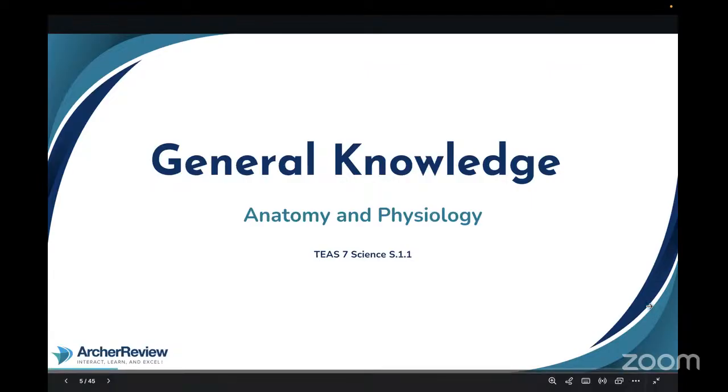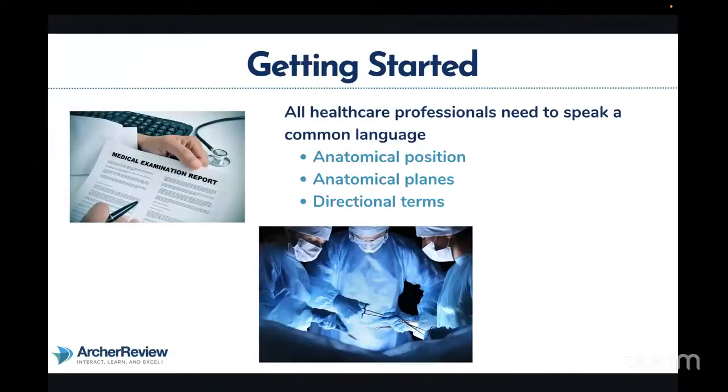Let's start with general knowledge first. This is going to be the need for all healthcare professionals to speak this common language. So basic general knowledge in anatomy is going to include understanding anatomical position, anatomical planes, and all directional terms. And again, this is for all professionals to have that common language, whether it's in the OR and you guys are working on a patient and there's people all around the patient on different sides.